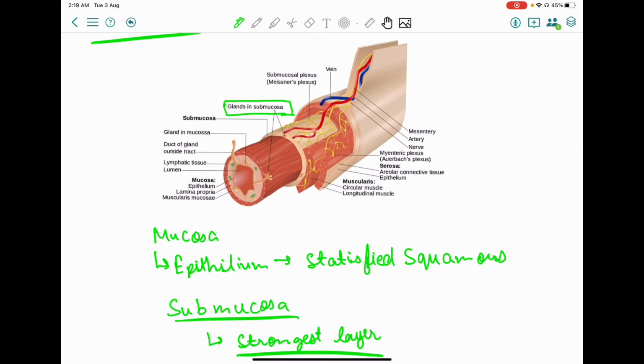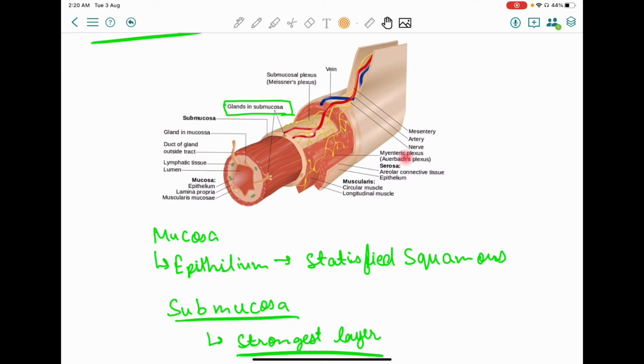Then there are muscles. Here you can see the inner circular muscle and the outer longitudinal muscle. Do you remember what I told you?